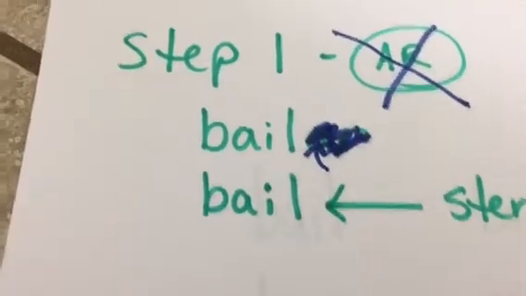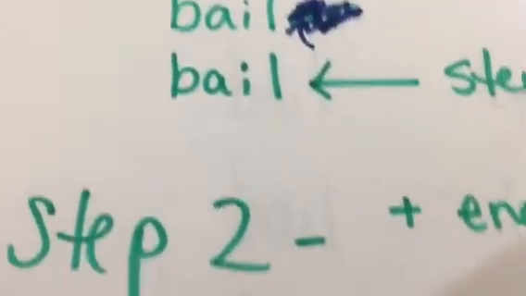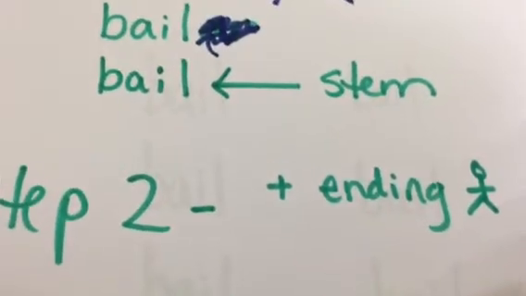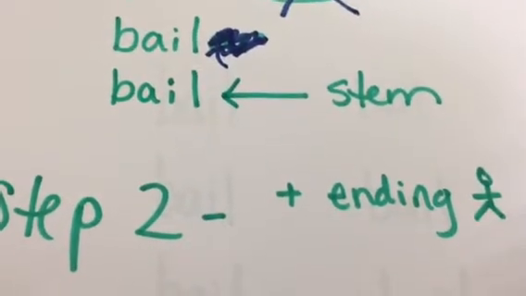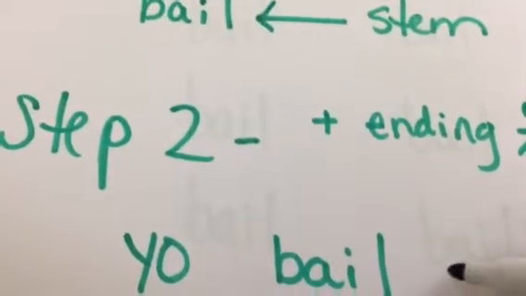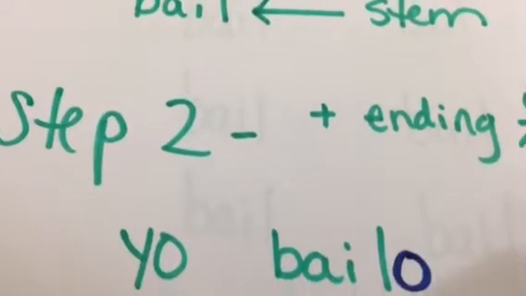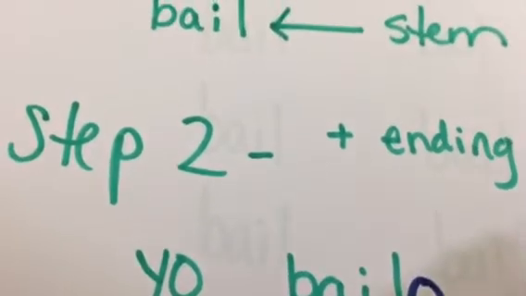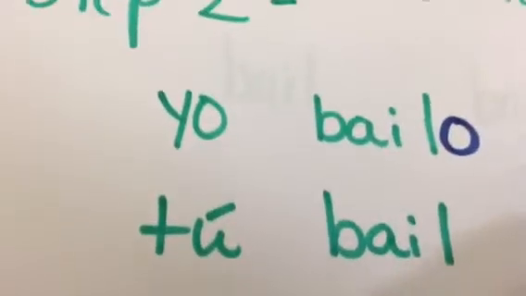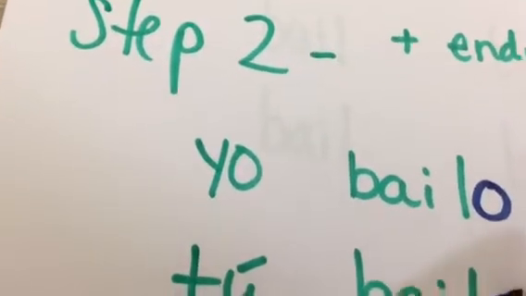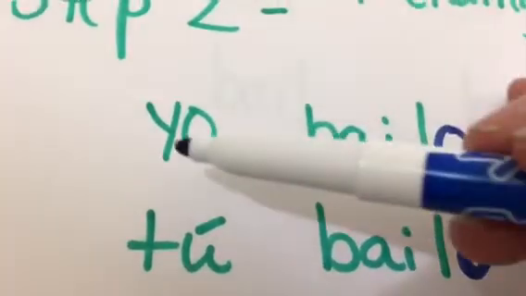Now we have our stem, and to our stem, we have to add an ending. We have to add an ending because we have a person. A person is doing this verb, this action. So if I say I dance, I add my ending of O onto my stem. Yo bailo. If I say tú, I cannot add an O here because that specific ending goes with yo.